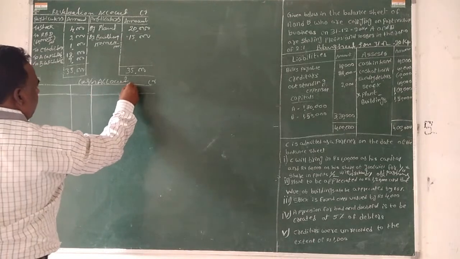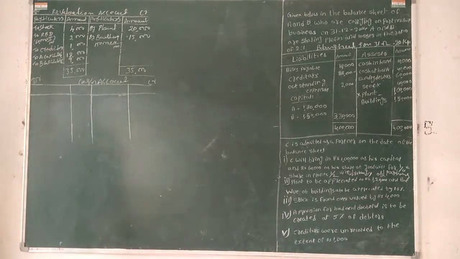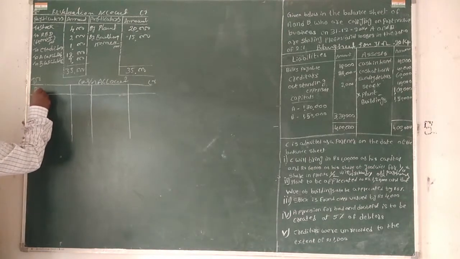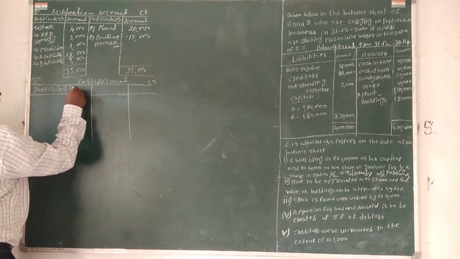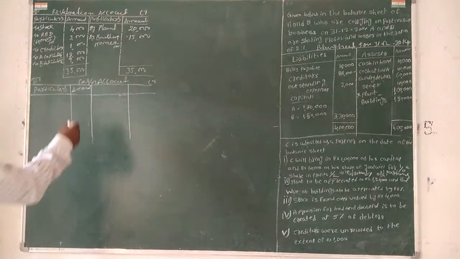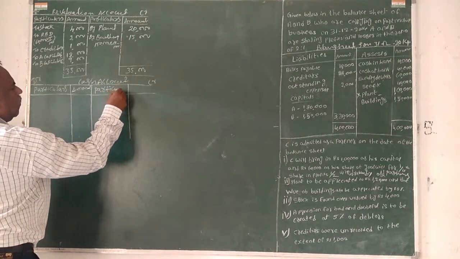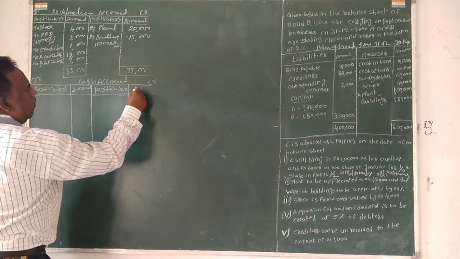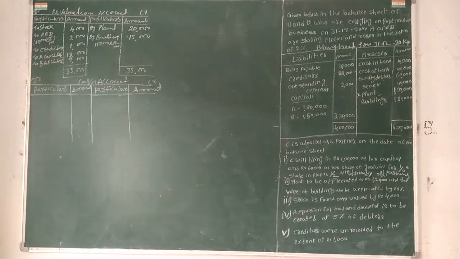Now C admitted. C brought 1 lakh as share capital and 60,000 as goodwill. So to C capital account 1 lakh, and then to goodwill 60,000. Half of the goodwill amount is withdrawn by old partners.